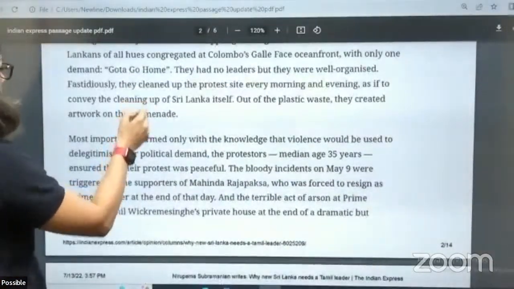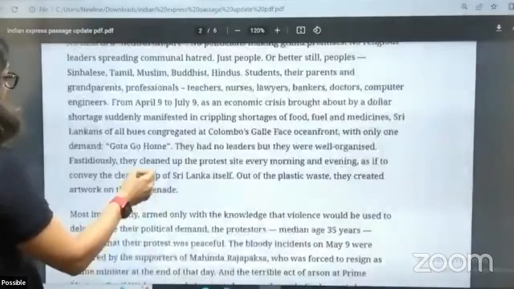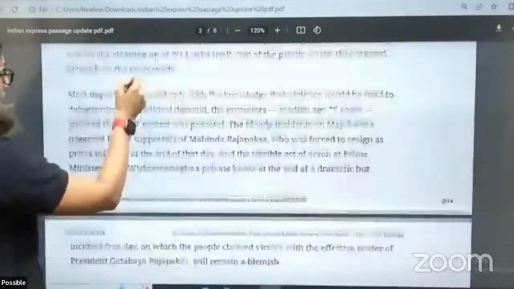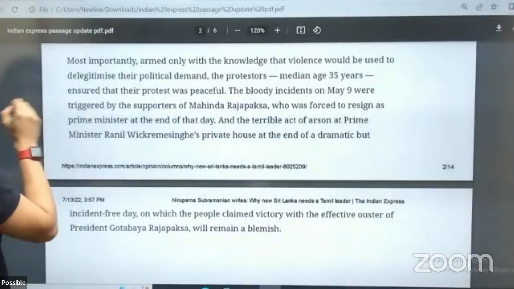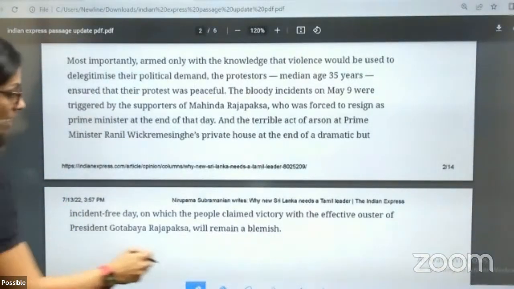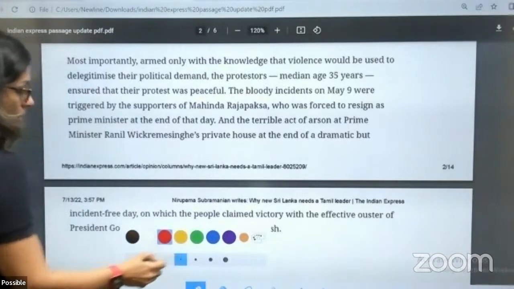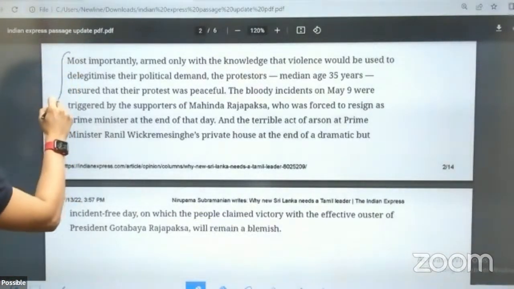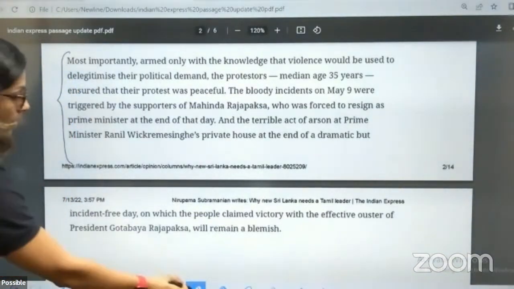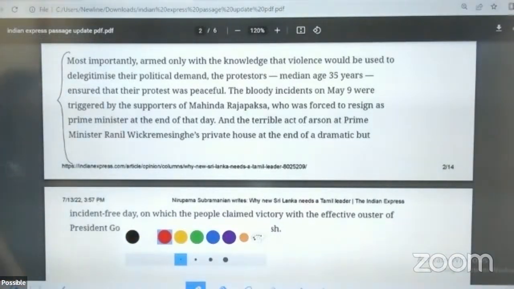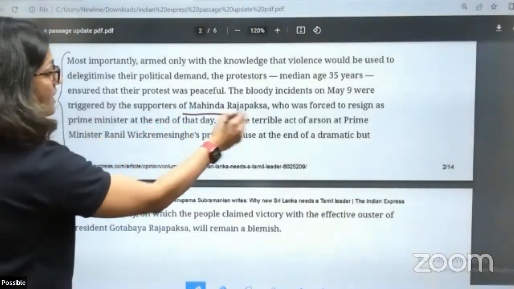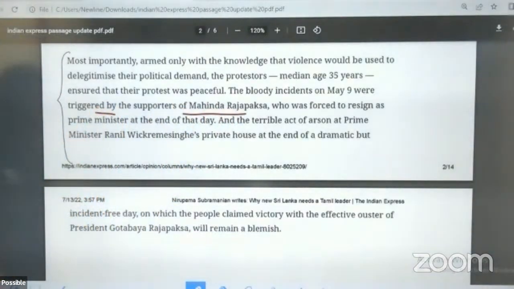So let's come to the second paragraph. In the second paragraph, also the author continues to praise this group, isn't it? Continues to praise this group and says that yes, there were some incidents of violence.